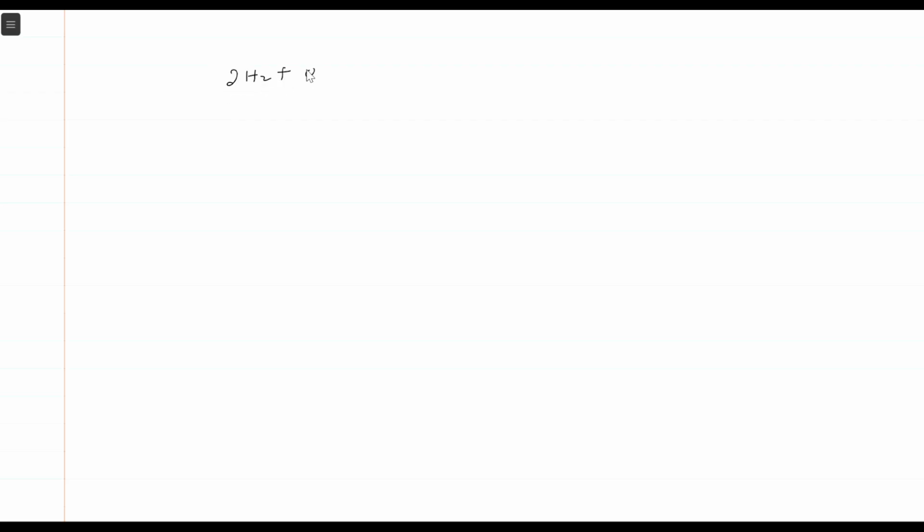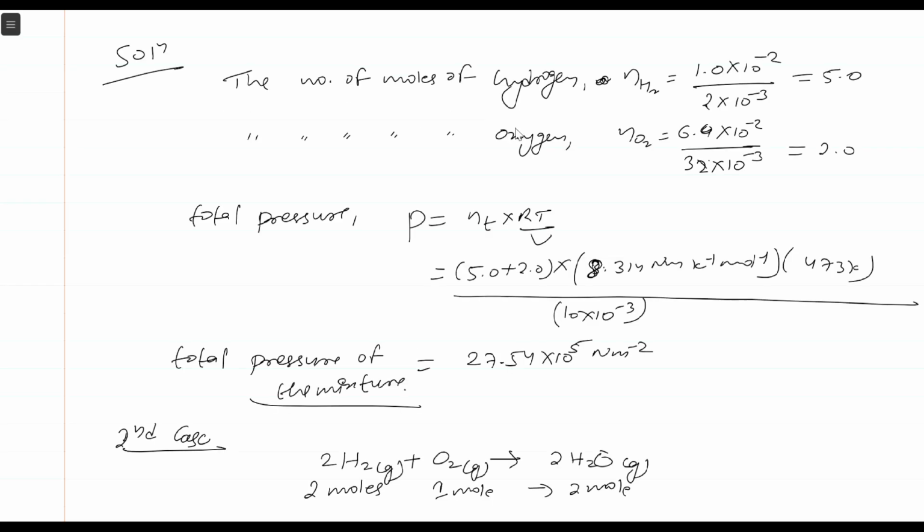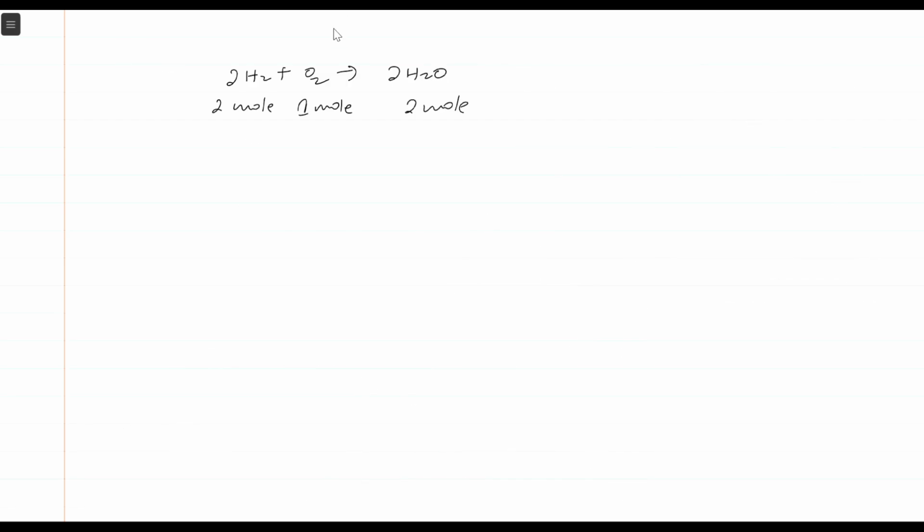2H2 plus O2 giving 2H2O: 2 moles, 1 mole, and 2 moles. What was the number of moles of oxygen? 2. Now to balance it, if we put 2 over here, that is 2O2, then we need to modify this equation: we need to put 4 over here and 4 over here.